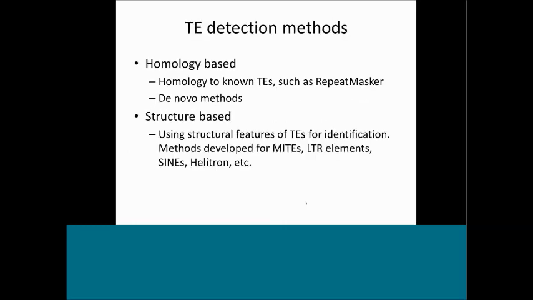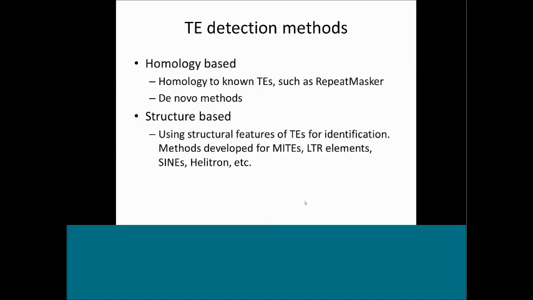To detect transposable elements, there are two methods. One is homology-based. For example, RepeatMasker is based on the homology of the unknown sequence to a known transposable element. If you give RepeatMasker a library, it will mask the repetitive sequences out. The other method is called the de novo method, which does not rely on homology to known transposable elements.